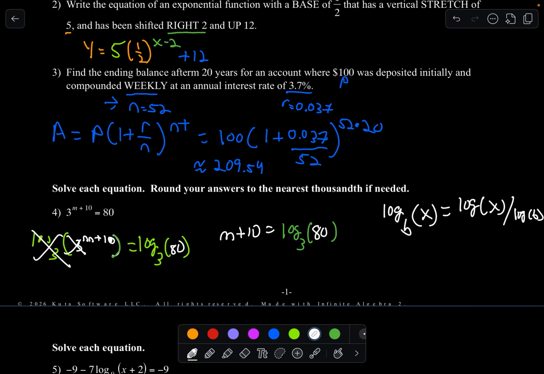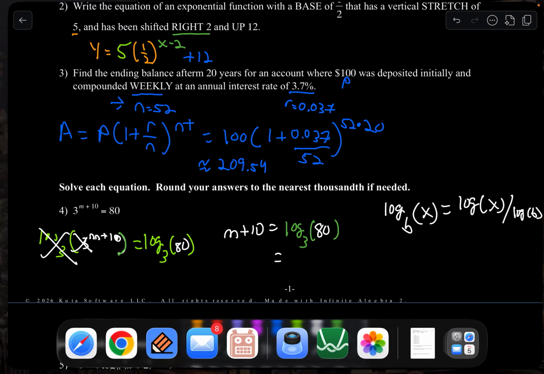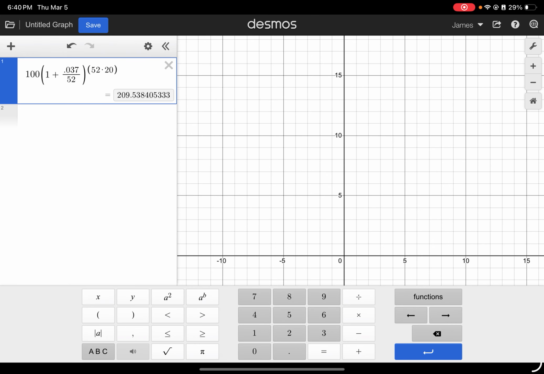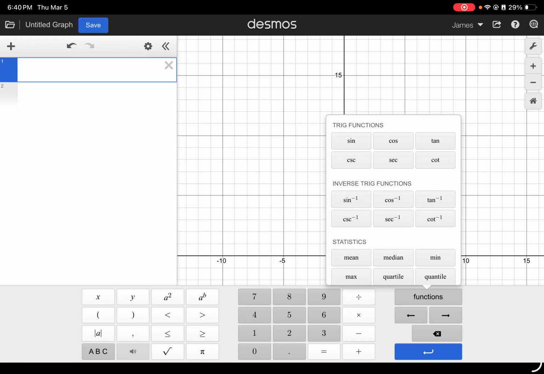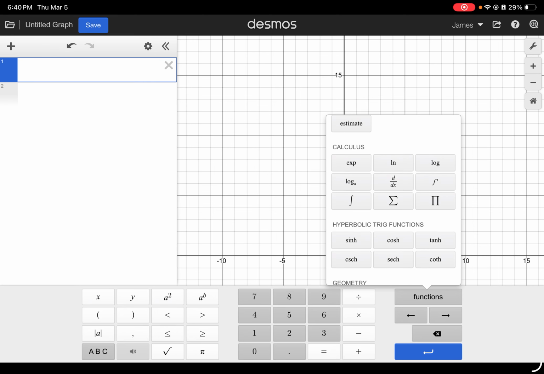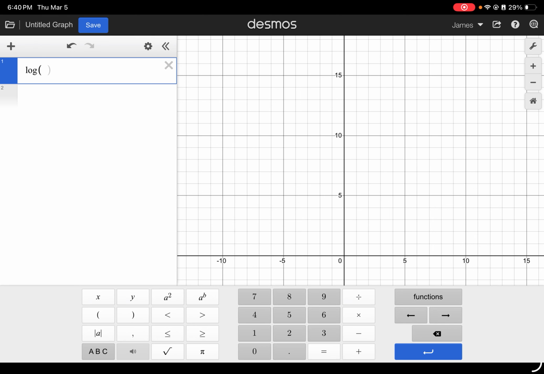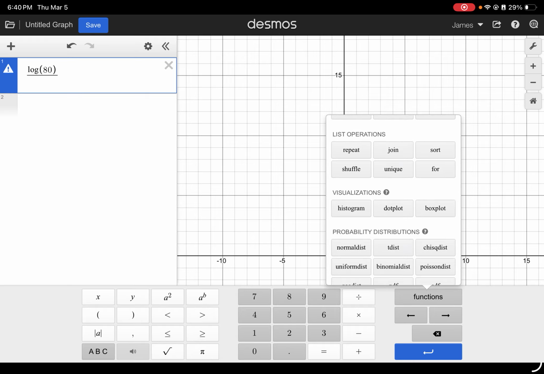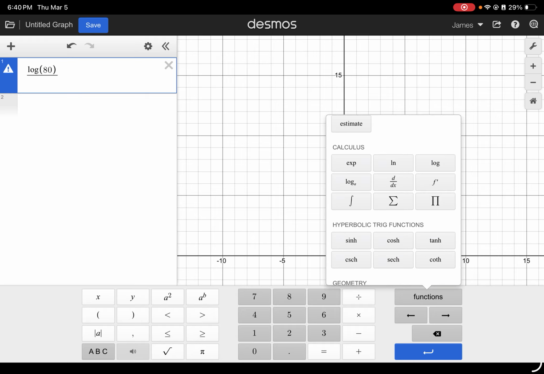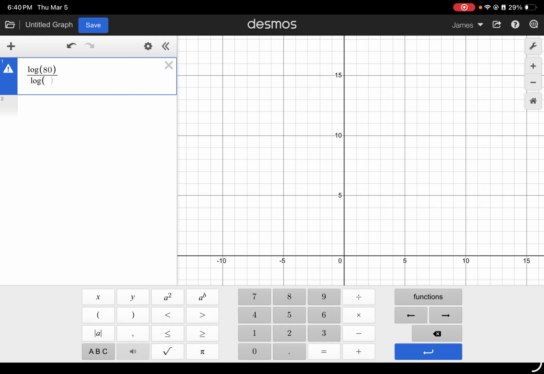So you type that into your calculator, and again, I'm going to use Desmos so you can literally see me do it. I use the LOG button. Unfortunately, LOG is kind of hidden on this. It's right there. LOG of 80, divided by, again, go to functions, go down to where you see log of 3.